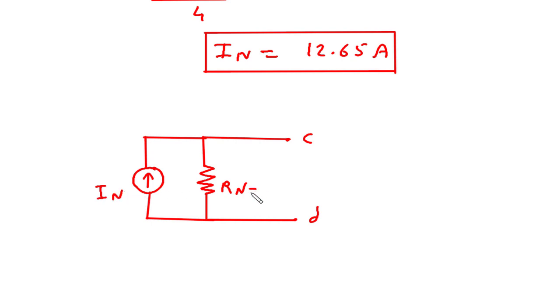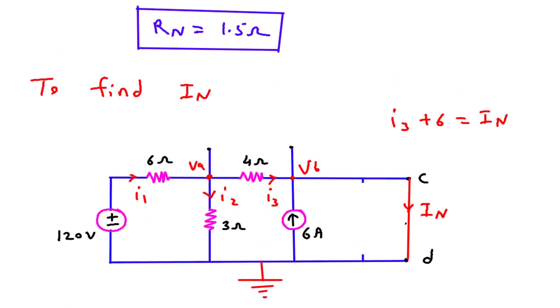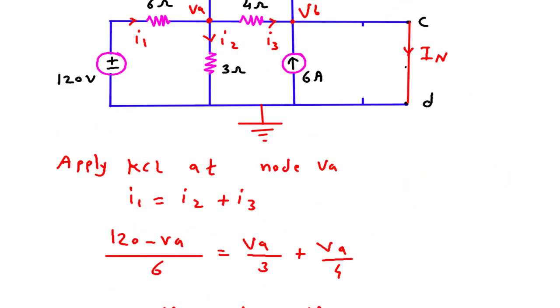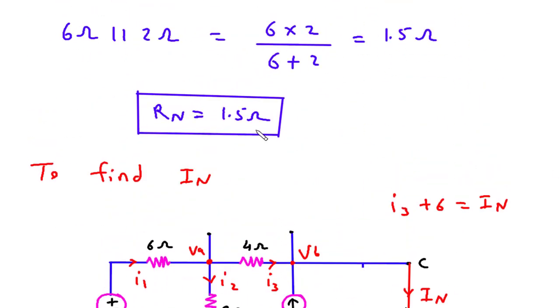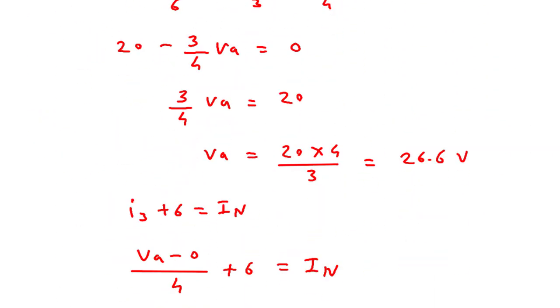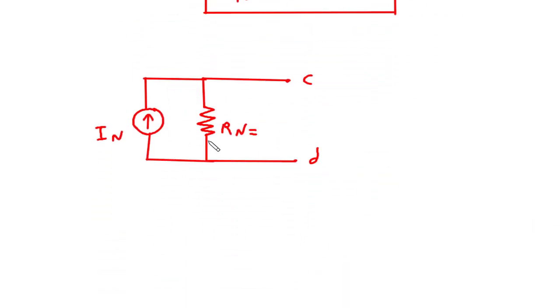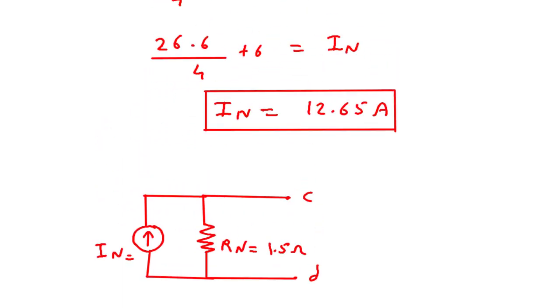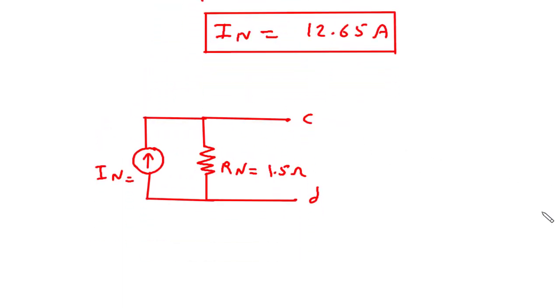RN is equal to 1.5 ohm, and IN is equal to 12.65 ampere.